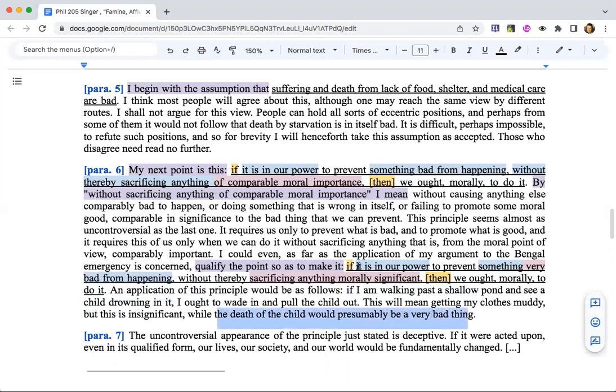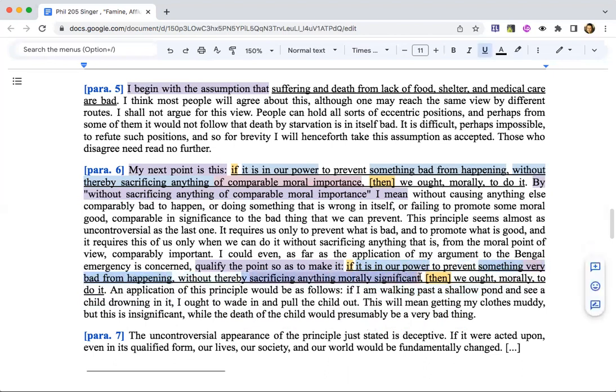Is it in our power? Yes. It isn't stated here that it's in your power, but assume you are an able-bodied person in close enough proximity. I mean, you're walking past the shallow pond, you can get the child out. If you, for whatever reason, can't, then this criterion wouldn't be met. So assume it is in your power and the death of the child is very bad.